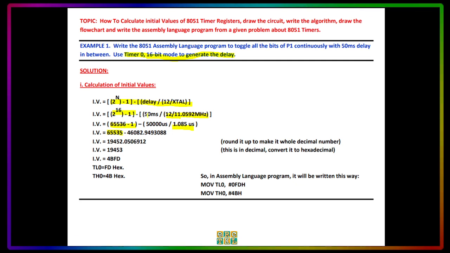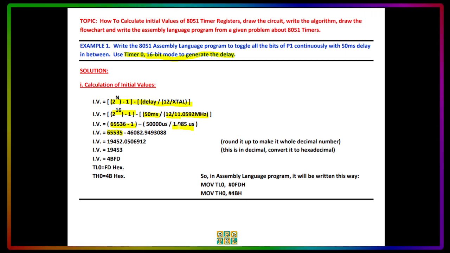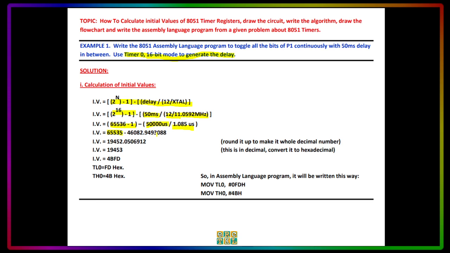And since we cannot divide 50 millisecond by a microsecond, we will be changing 50 millisecond to 50,000 microseconds. Therefore, when we divide 50,000 by 1.085, there will be no unit, and it will be 46082.